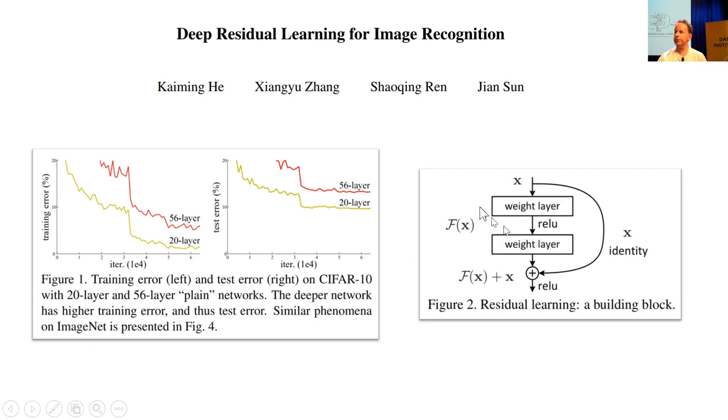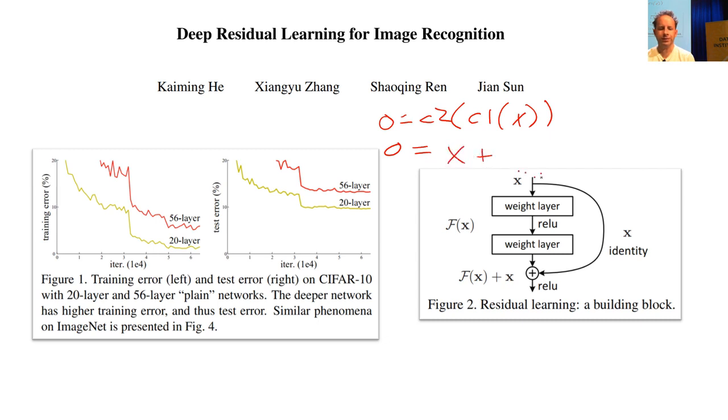Every 2 convolutions, I'm going to add together the input to those 2 convolutions with the result of those 2 convolutions. So in other words, instead of saying output equals conv2 of conv1 of x, he's saying output equals x plus conv2 of conv1 of x.